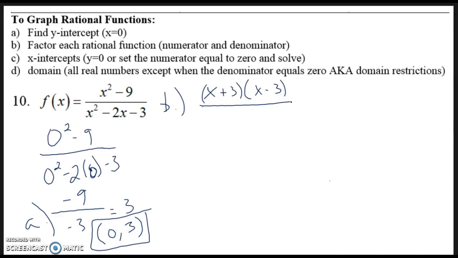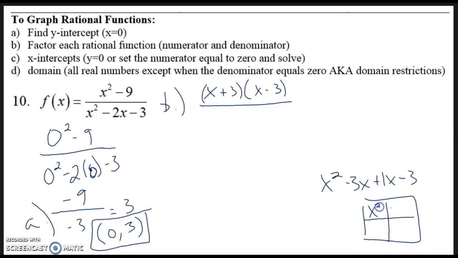So if I did my pants, it would be x squared minus 3x plus 1x minus 3. Then a box. So I have an x minus 3, x plus 1.